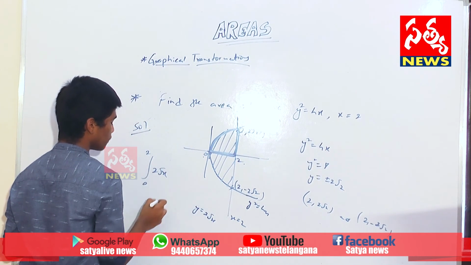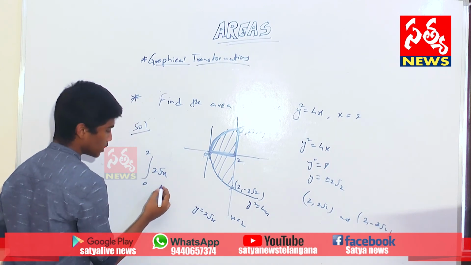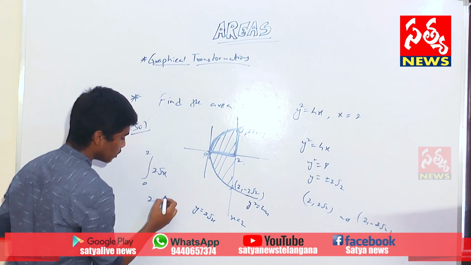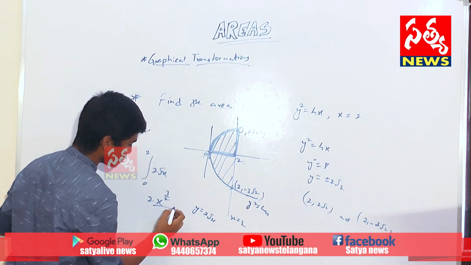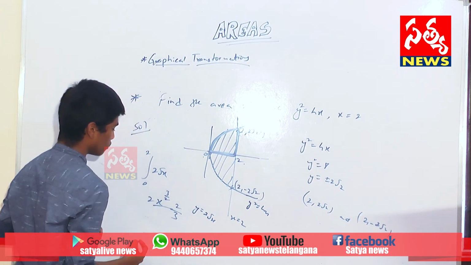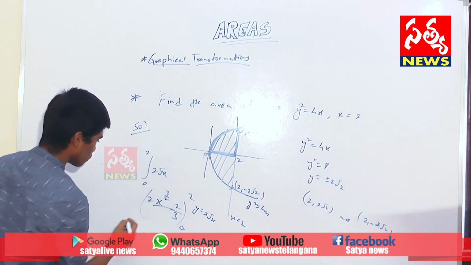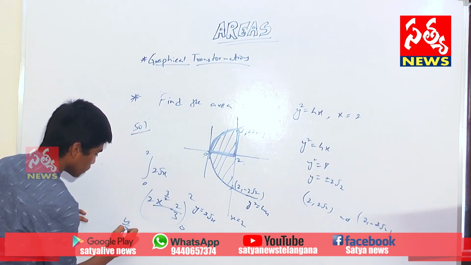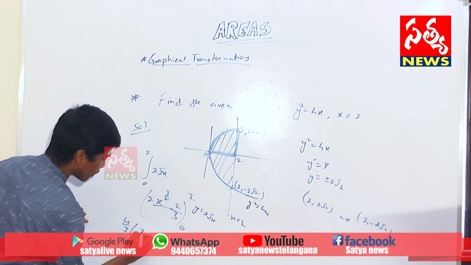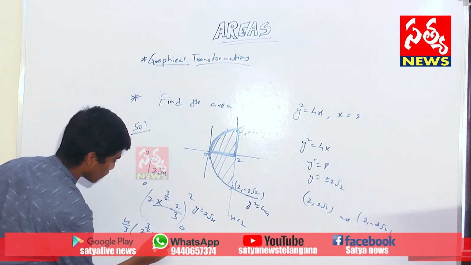What is integration of 2 root x? It is 2x whole power 3 by 2 by 3 by 2 from limit 0 to 2. If we take 4 by 3 outside, we get 2 power 3 by 2 minus 0.